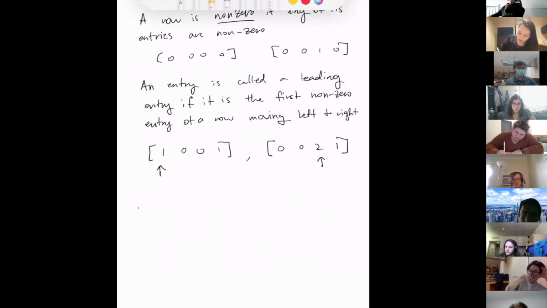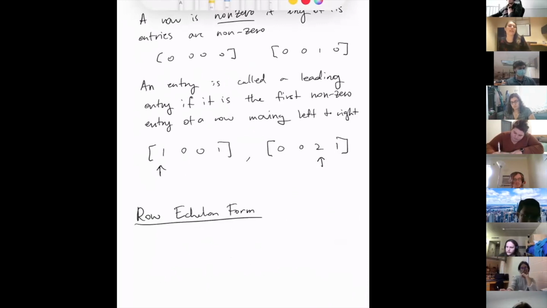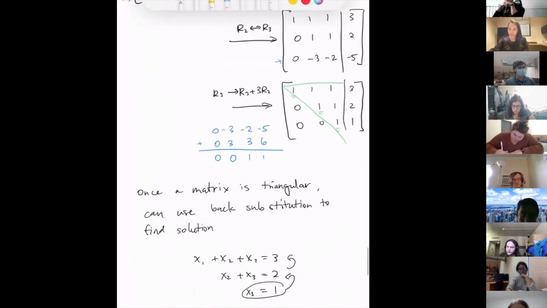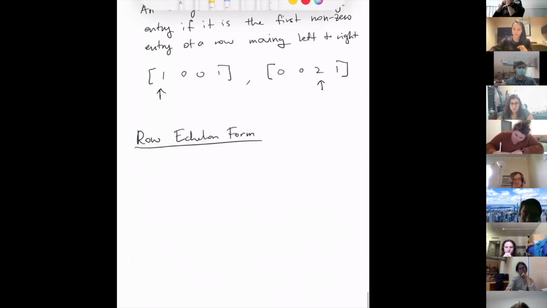So now we can talk about row echelon form. Apparently the reason it's called echelon is because it looks like steps. We can even look at this. See, it moves down in steps like that. So that's the sort of shape we're going for here.